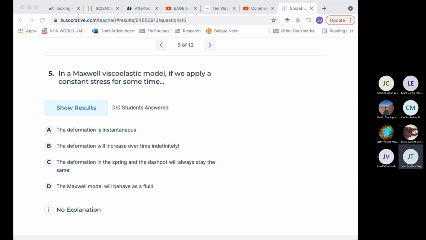I mean, you don't see the mantle, for example, stopping at some point in its convection because it reached a maximum of deformation. As long as there is stress, or force, you can get some deformation. So A and B, and there is still one that is correct between C and D.